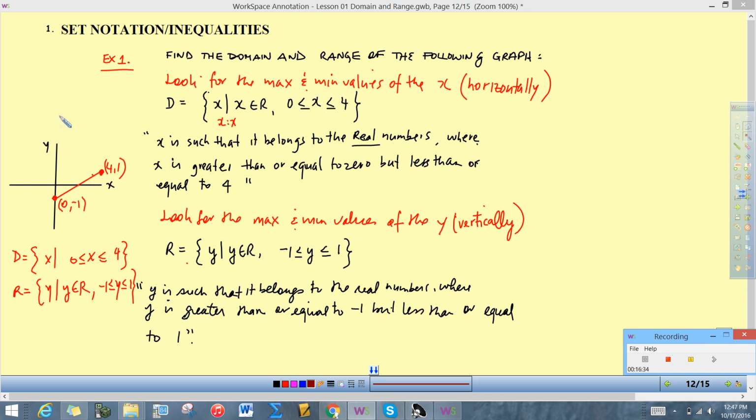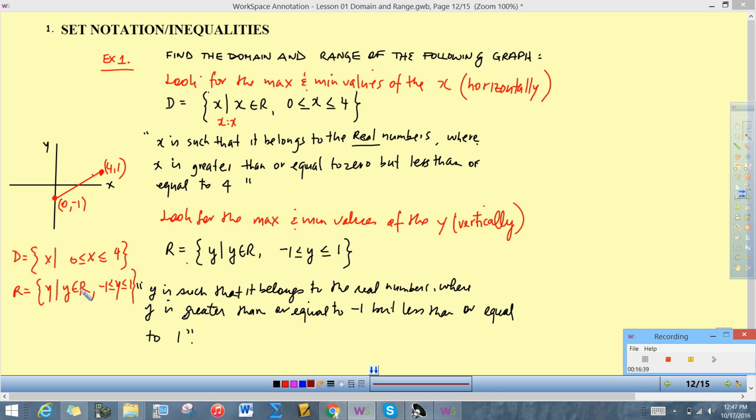Okay, so if I look at the example here, it starts from 0, -1 to 4, 1, so that my domain is still a straight line. So x is an element of R such that it goes from 0 all the way to 4 for our domain, including 0 and 4.